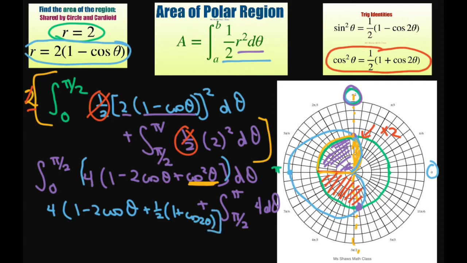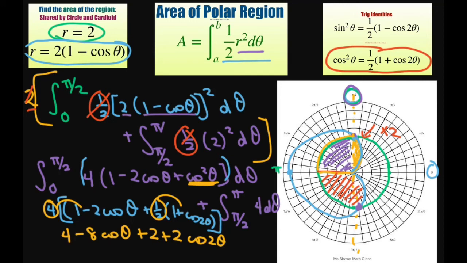And this is all multiplied by 4. So what you're going to end up getting is 4 minus 8 cosine of theta plus 2 cosine of 2 theta. So that's just that little tidbit. On the next slide, I'm going to add the 2 and the 4 together and make this look a lot better.